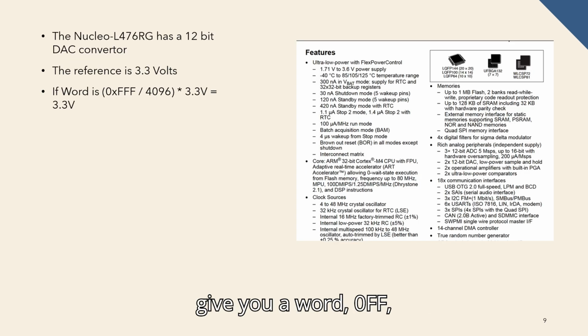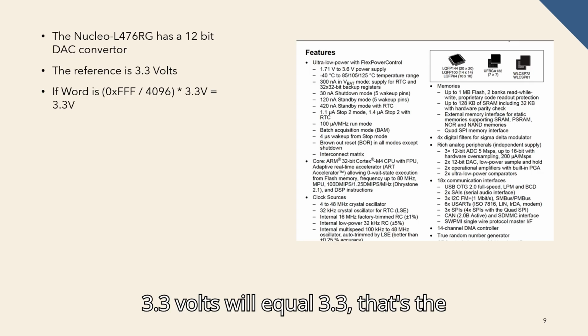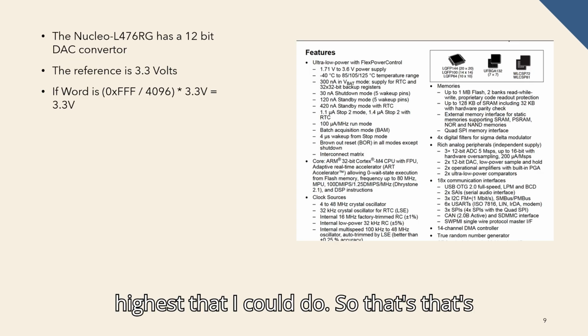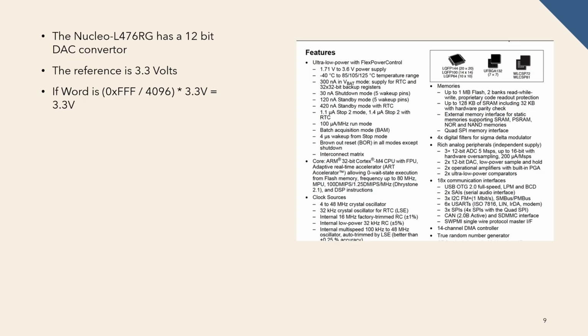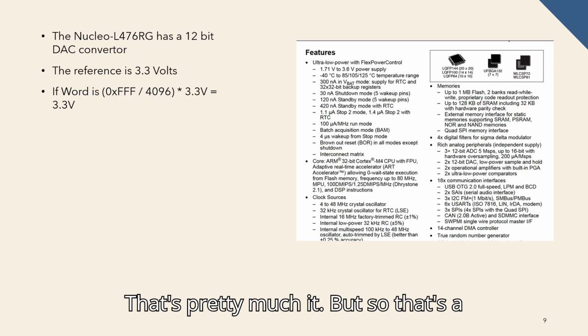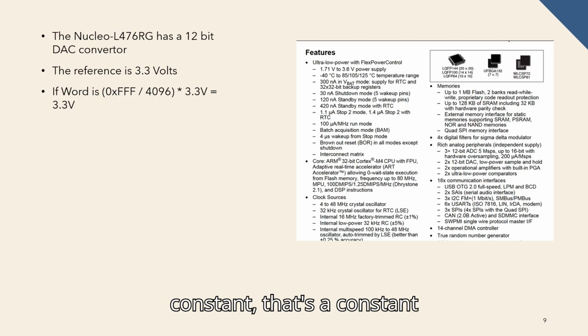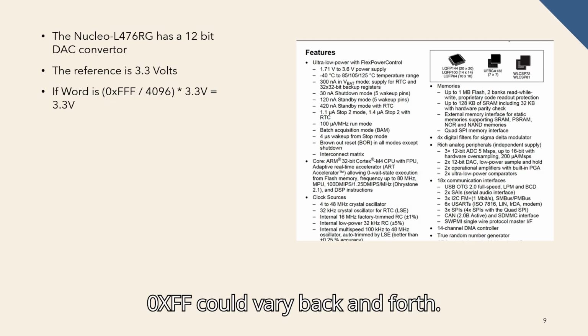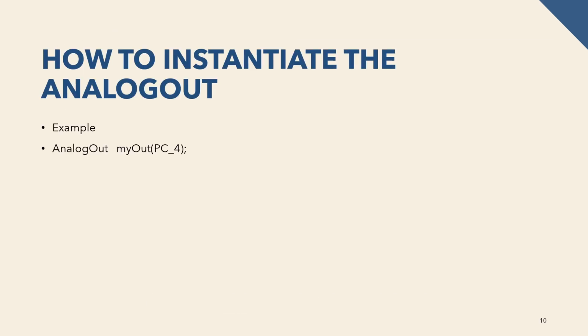If I give you a word of 0xFF, and 4096, that's 2 to the 12, is 4096. The reference is 3.3 volts, which will equal 3.3. That's the highest that I can do. So that's pretty easy, right? That's pretty much it. That's a constant, but 0xFF could vary back and forth.